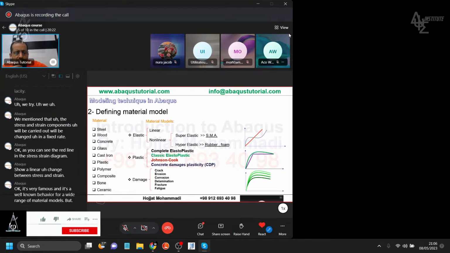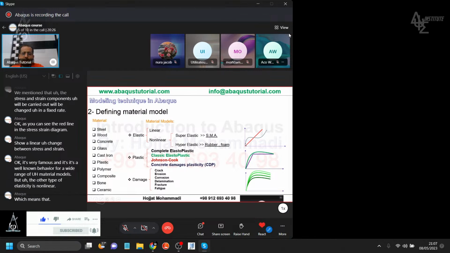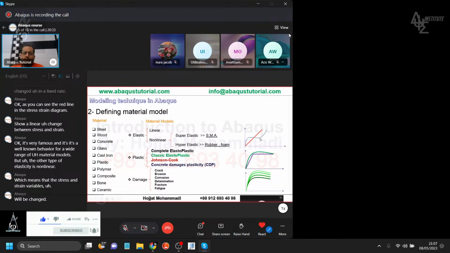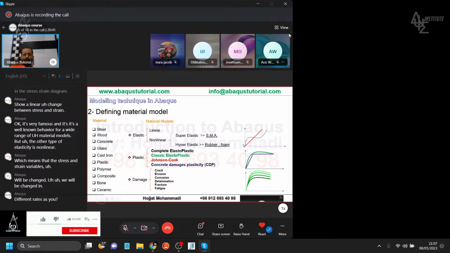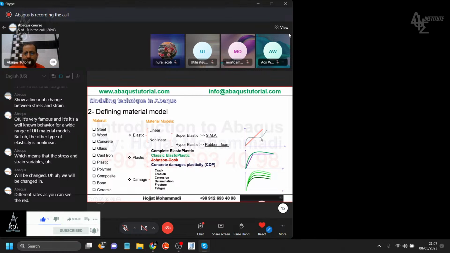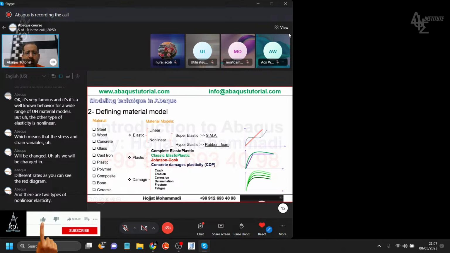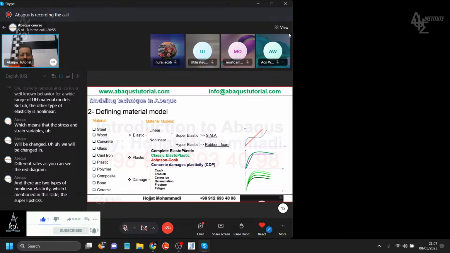But the other type of elasticity is nonlinear, which means that the stress and strain variables change at different rates. As you can see in the red diagram, there are two types of nonlinear elasticity which I mention in this slide: superelastic and hyperelastic.